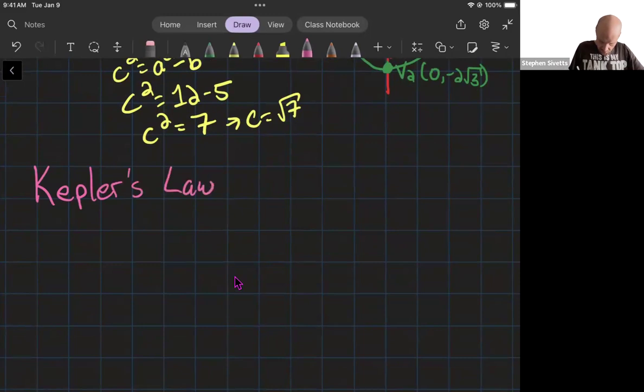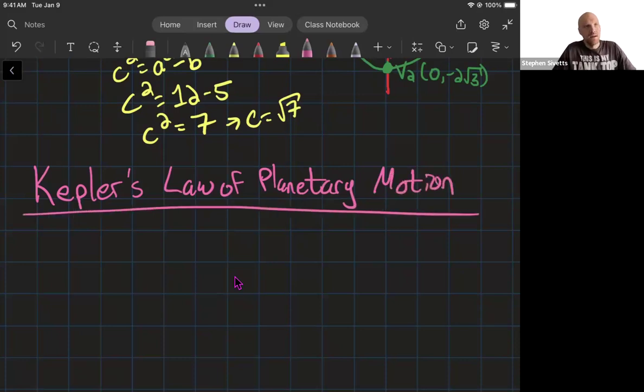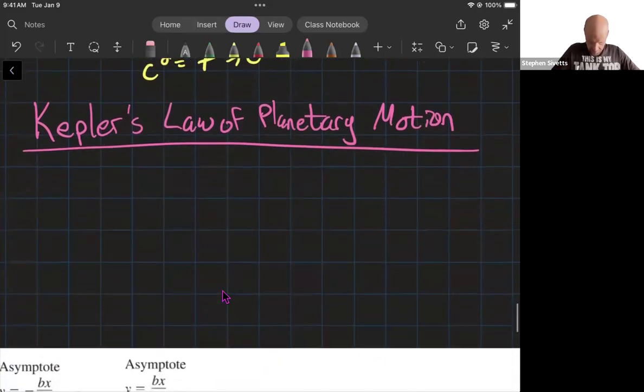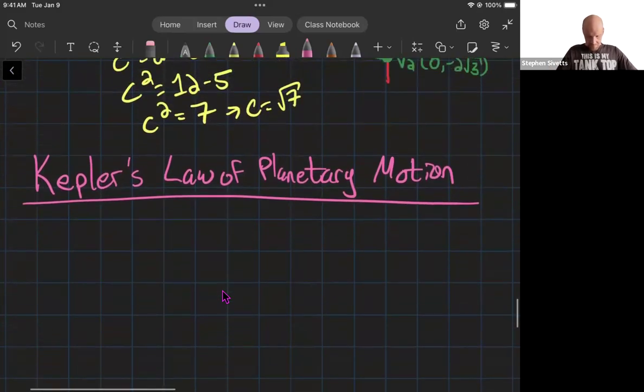I think one of the first laws was that planetary bodies orbit in an ellipsoidal pattern, right? And I believe the third law of planetary motion determines the foci, I guess. So yeah, ellipses are useful in astronomy.